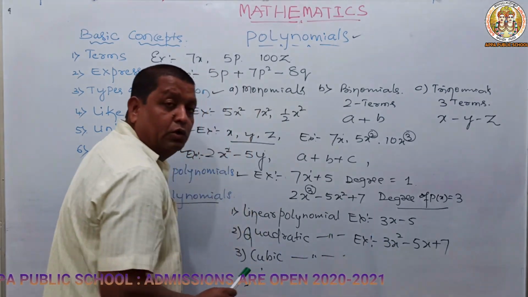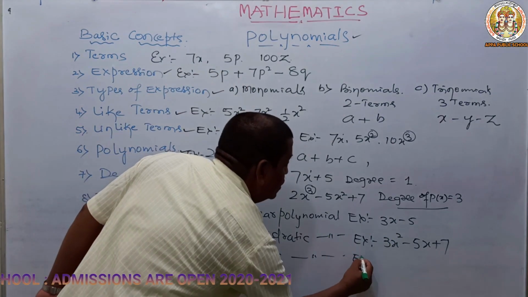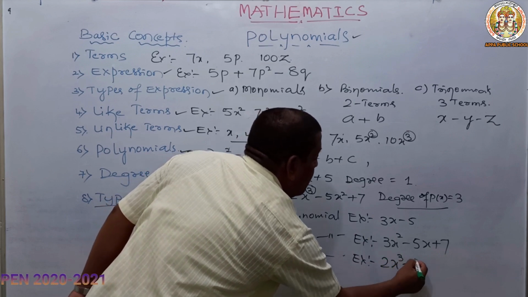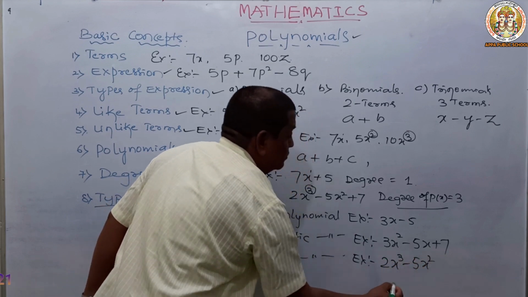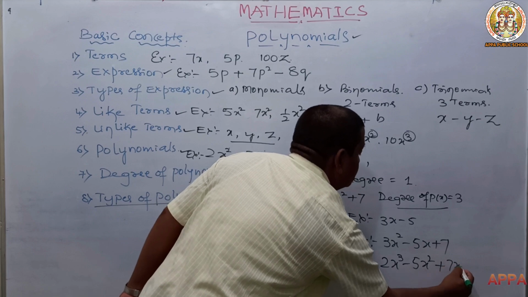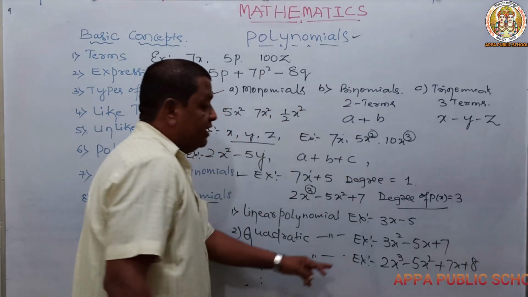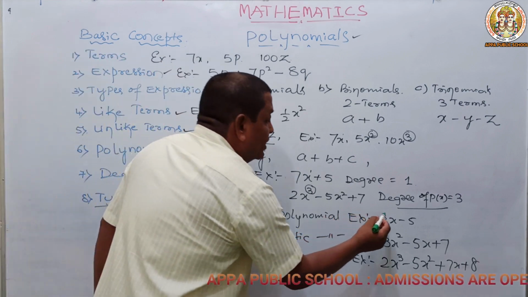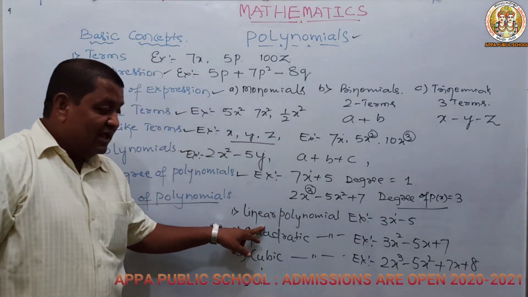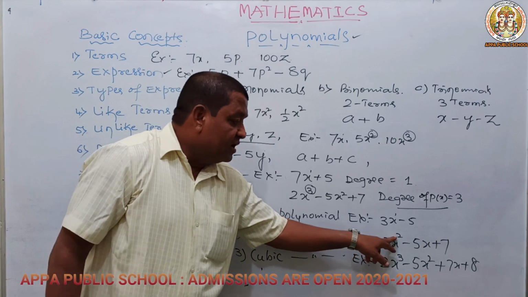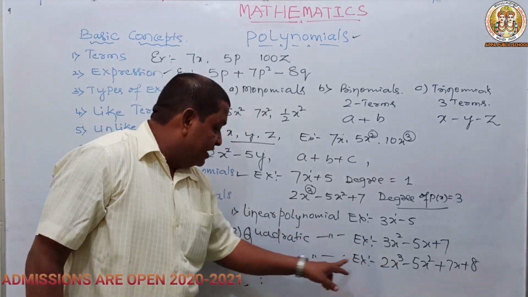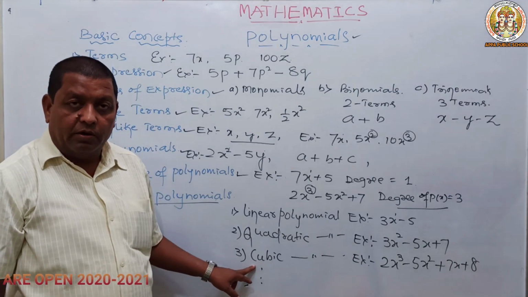Here degree is 2. And last, cubic polynomial. Here you see, it is a cubic polynomial. So because of degree 1, it is a linear polynomial. Because of degree 2, it is a quadratic polynomial. Because of degree 3, it is a cubic polynomial.